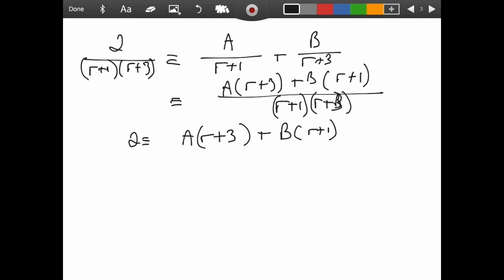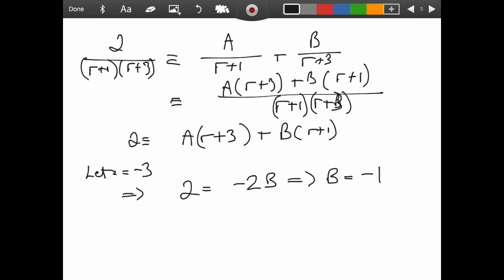Now substitute in two values. First of all, we substitute in r equals minus 3 to get rid of the first part of the right hand side. So we end up here with 2 is equal to B into (r plus 1). R plus 1 would be minus 2, so 2 equals minus 2B, so B equals minus 1.